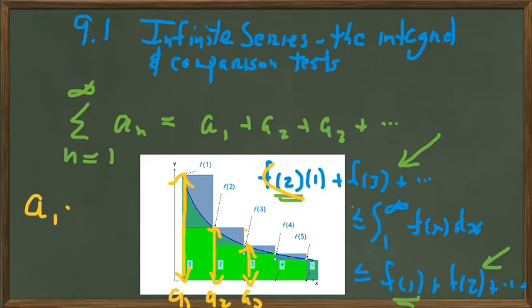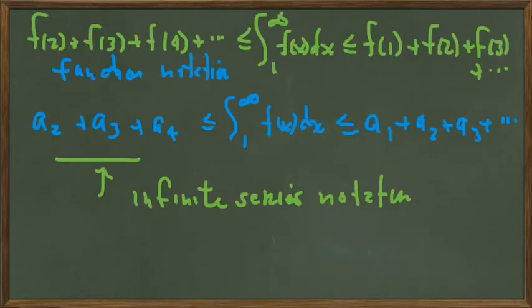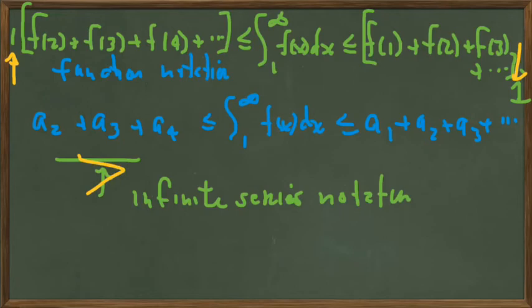Here's a3, etc. But it turns out that they are exactly the same, because I've rewritten it slightly to put a 1 in front to represent the width of each of these rectangles. So these are all rectangle areas, and these here are all just the rectangle heights. But they're the same because the widths are just 1. So that gives us this new string of inequalities.